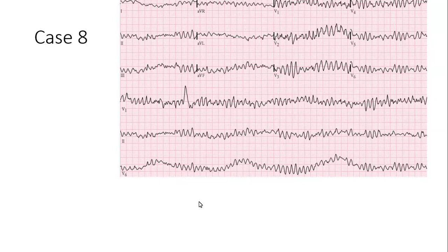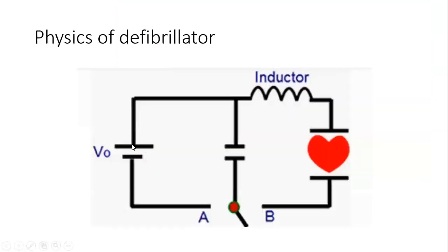Maybe let me show this circuit. So it has to have some form of power supply to charge the whole circuit. And then it has to have some form where the energy is stored. Remember the physics we learned in high school: energy is stored in a capacitor.